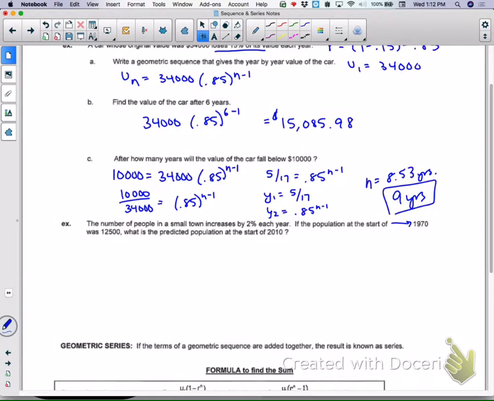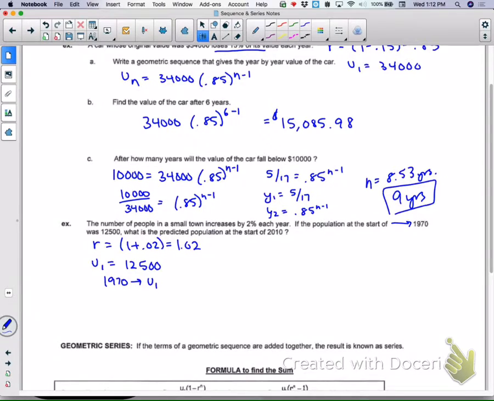This one, we are increasing by the same amount each year. So in this case, my R value is going to be 1 plus that percent, which is 1.02. My first year would be 12,500. Now, here's where we have to be a little careful here. Now, the year 1970, that's U sub 1.